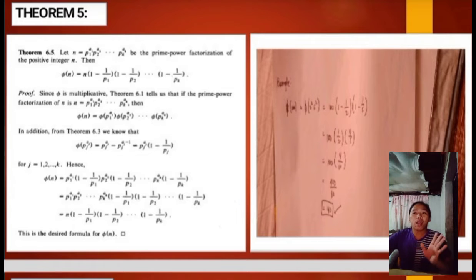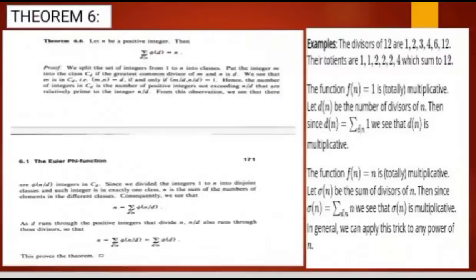And this theorem 5 simply reminds us that theorem 1 is a prime power factorization, and theorem 1 and theorem 3 apply in theorem 5. In other words, this is the desired formula for phi of n.